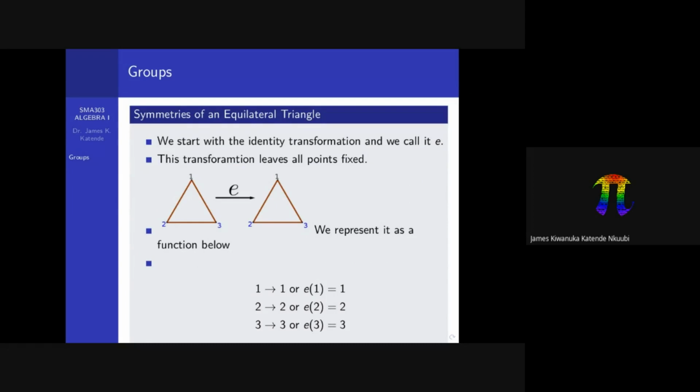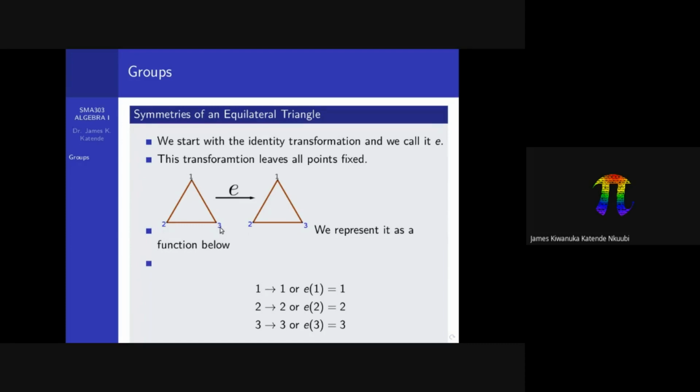So the first transformation we look at is what we call the identity transformation. Initially we shall start with this triangle, the top vertex labeled 1, and moving anti-clockwise we have 2, and then 3.